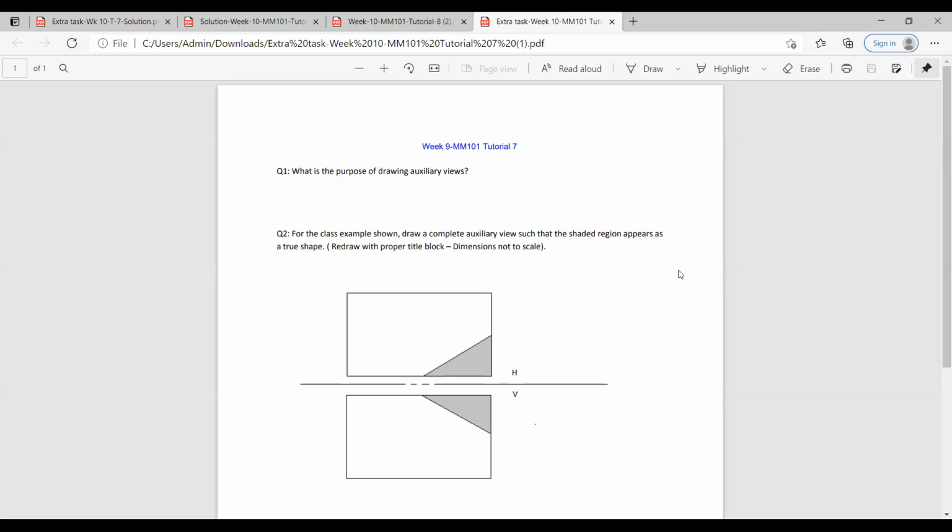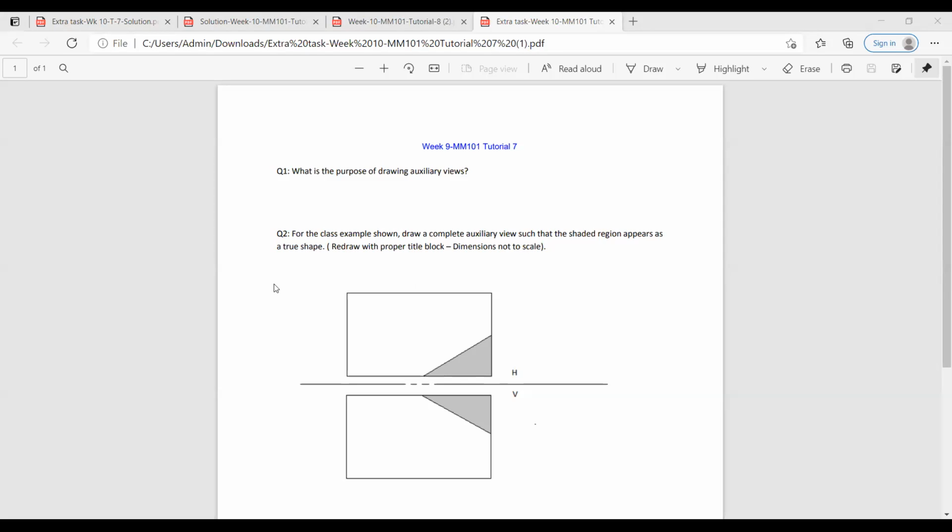When I say can't be shown, I mean you won't be able to see the true shape. So an auxiliary view is a separate plane that projects the inclined surface to make it parallel to the picture plane. Thank you, Praveet. Yes, to show the true shape of the side, which is not parallel to the projection plane. Yes, that is the primary function of the auxiliary views.